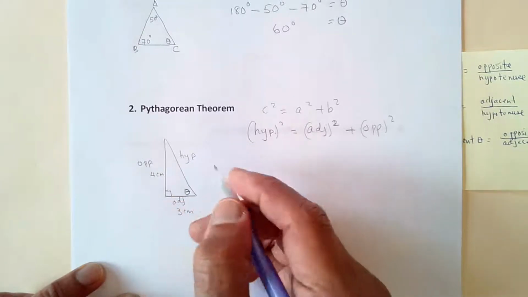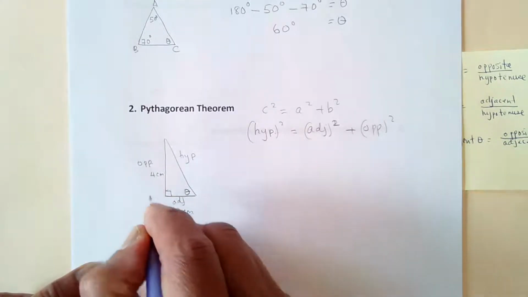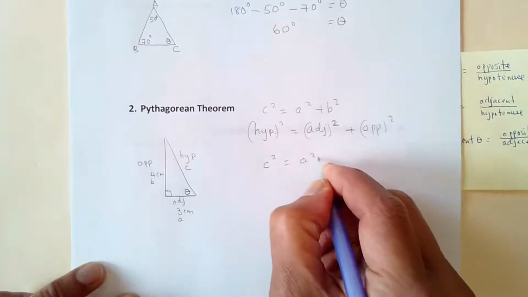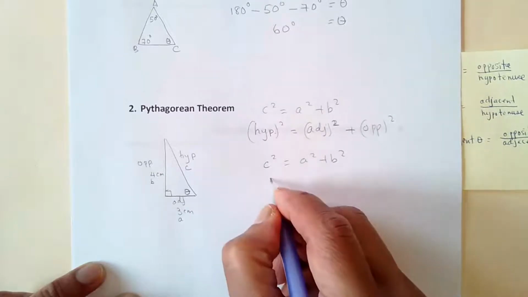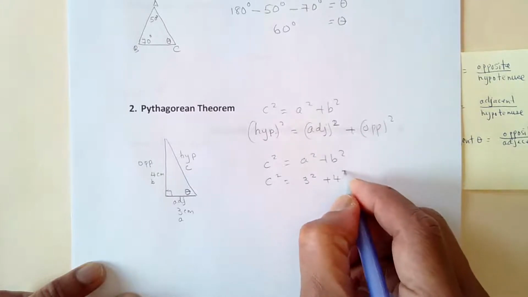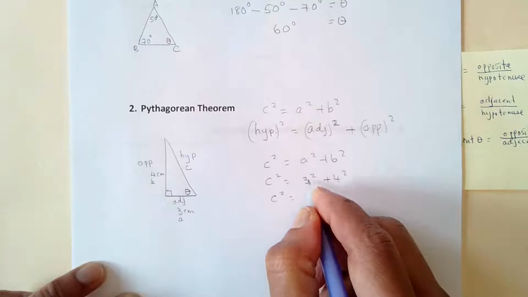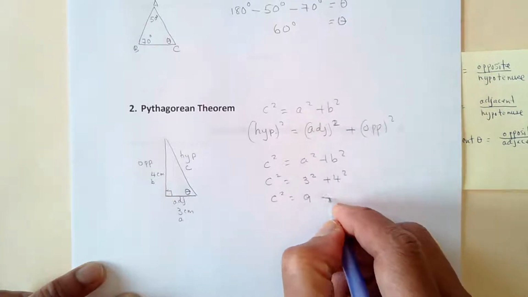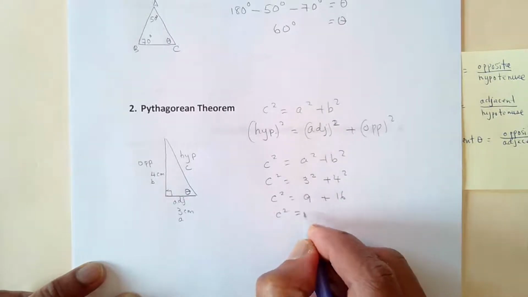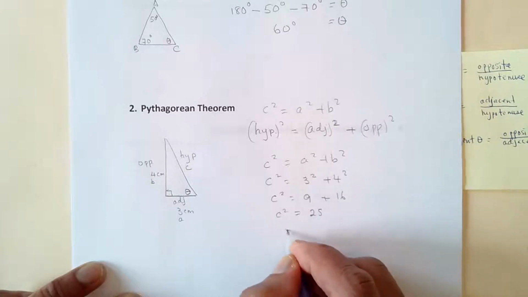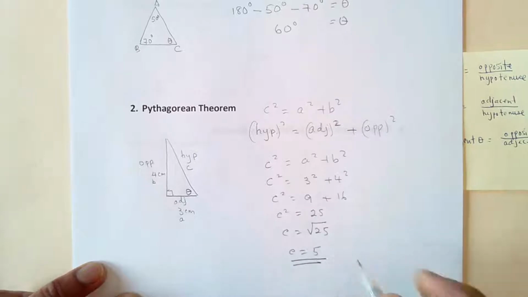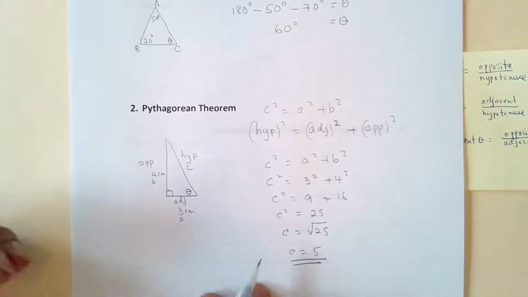We want to find the hypotenuse, so we can label these as A and B, and this would be C. C squared is equal to A squared plus B squared, so C squared is equal to 3 squared plus 4 squared. 3 to the power 2 is 9, plus 4 to the power 2 is 16. So C squared is 25, so C is equal to the square root of 25, which is 5. So the hypotenuse is 5.